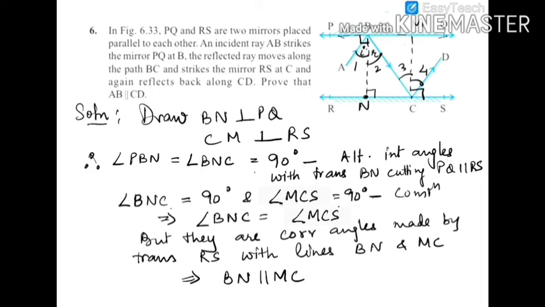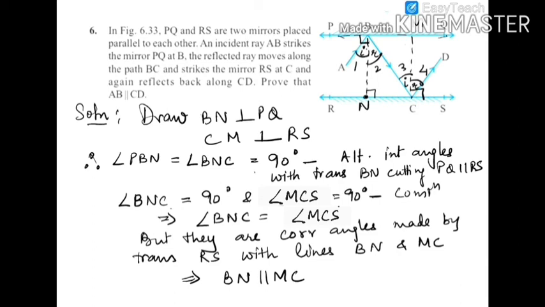Likewise, BC becomes the incident ray for mirror RS when it strikes at C. So angle 3 will be the angle of incidence, and CD becomes the reflected ray. So the angle made by CD with the normal will be the angle of reflection.